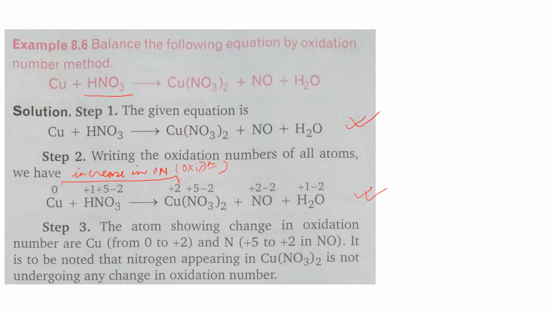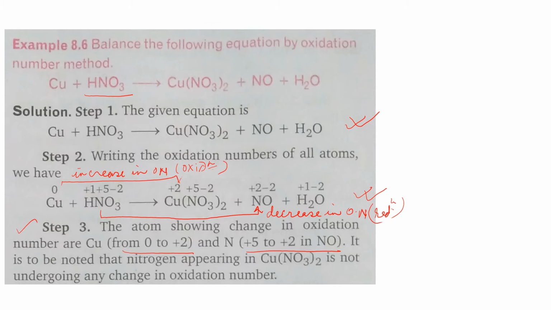The atoms showing change in oxidation number are copper from 0 to plus 2, and nitrogen from plus 5 to plus 2 in NO. That means it is a decrease in oxidation number, so it is reduction.